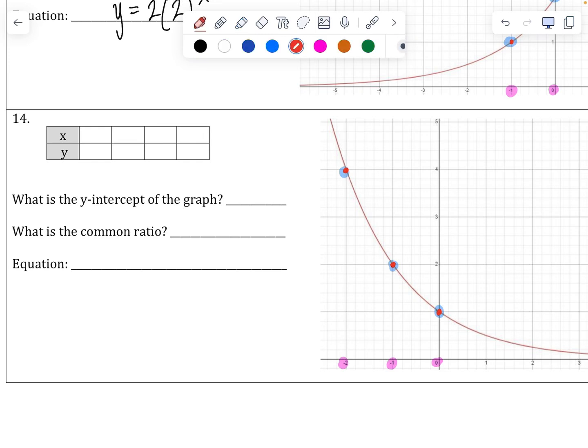Corresponding y values. Okay. So we get x value, smallest x is -2. It's paired up with a 4. And then the next x is -1, and it's paired up with 2. And I get 0, and it's paired up with 1. What is my pattern? Multiplying by what number?